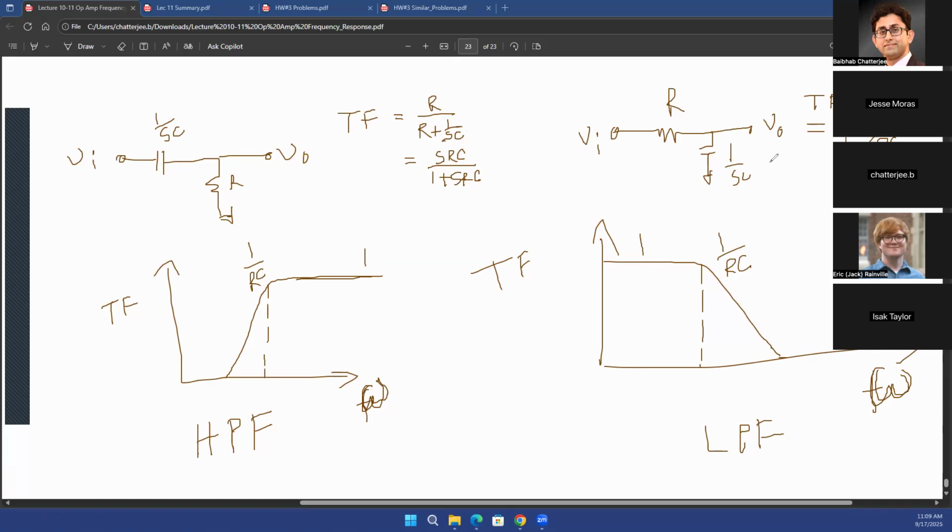And if you do the math, you'll see the full analysis of the complex numbers, which we simplified here. You'll see that this will be symmetric across the y-axis. So of course there would be a pole at minus 1 over RC, but that means there is a pole at 1 over RC as well.